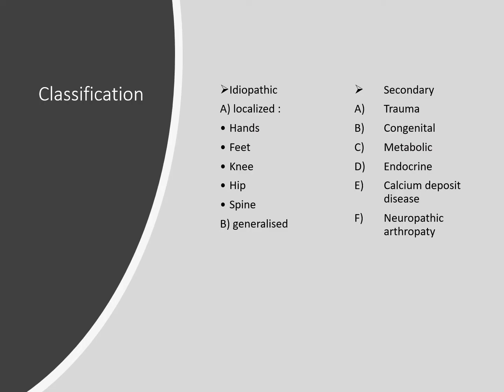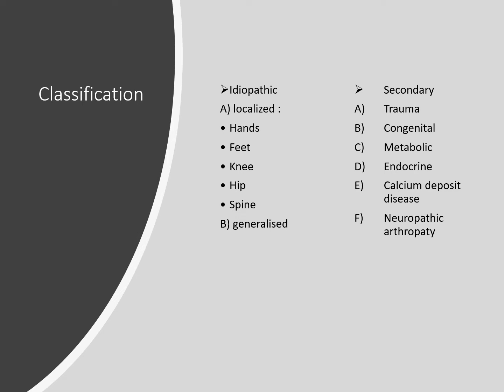So coming to classification of osteoarthritis, we learned about the types of OA. Now we are coming to the classification. So we have broadly two types of classification, the idiopathic, where the reason is unknown, and the second is secondary. Under idiopathic, we have localized and generalized type of OA. Localized means local to a joint like hands, feet, knee, hip and spine, and generalized means everywhere.